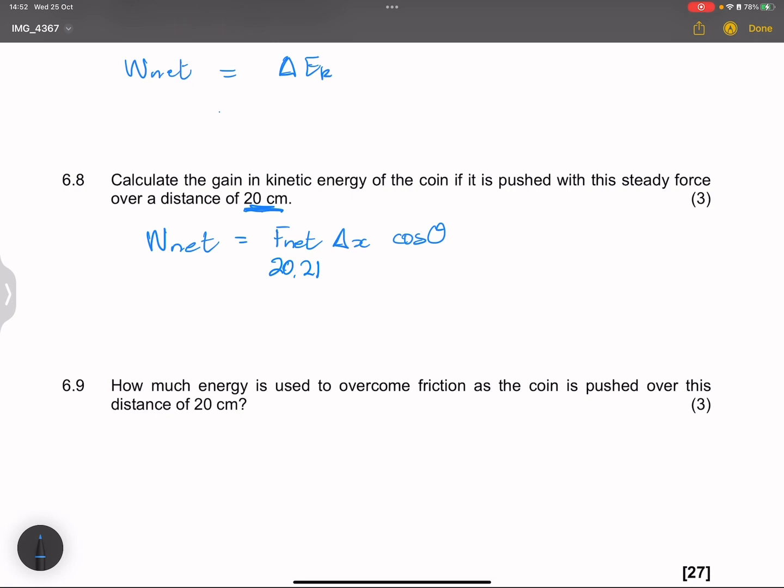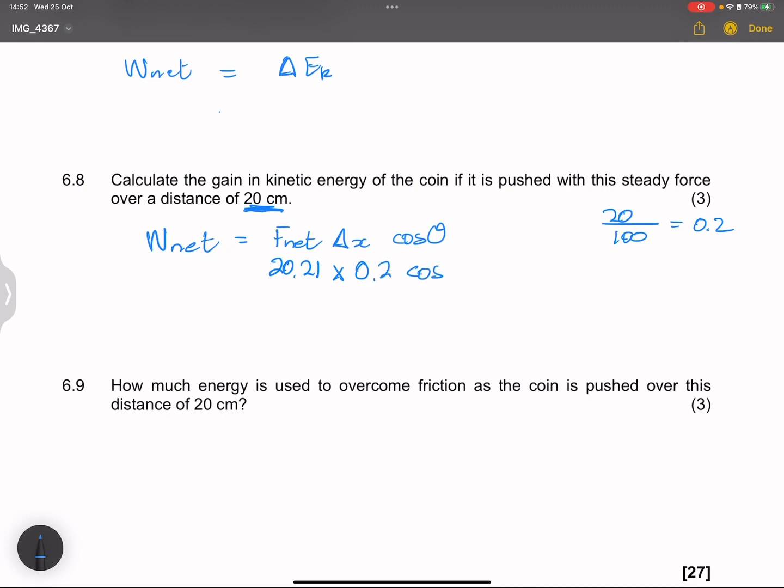Now remember, when we've got centi, we divide by 100, just like percent. So in this case, that's going to be 20 divided by 100, and that would give me 0.2. So the displacement is 0.2, the cos of.